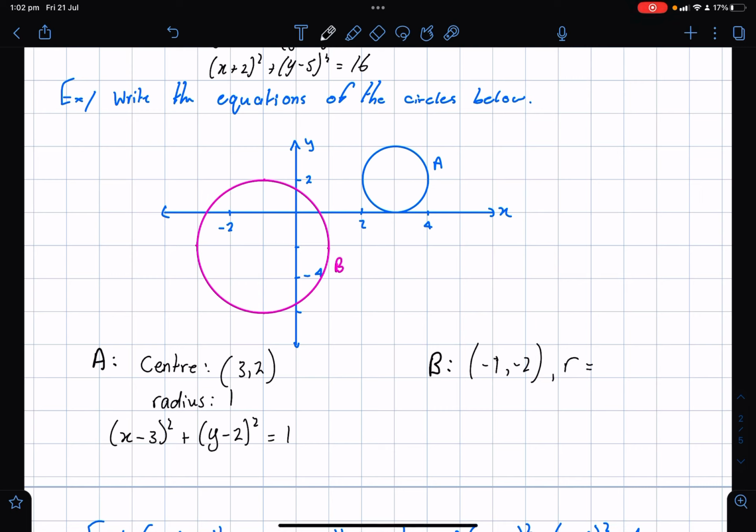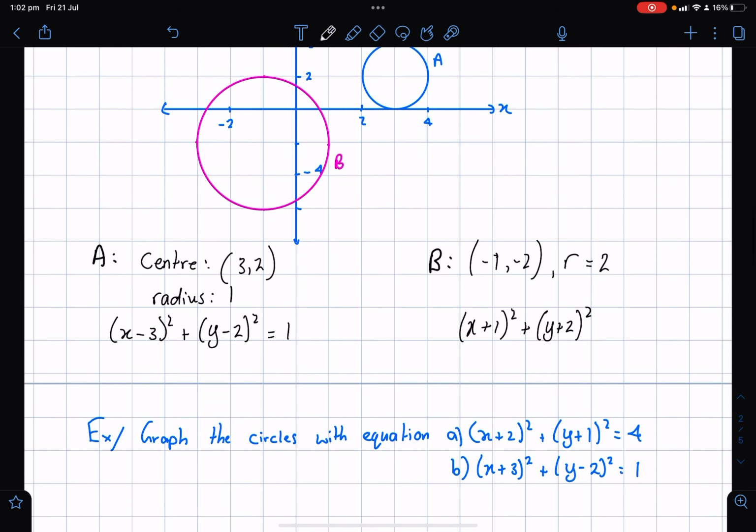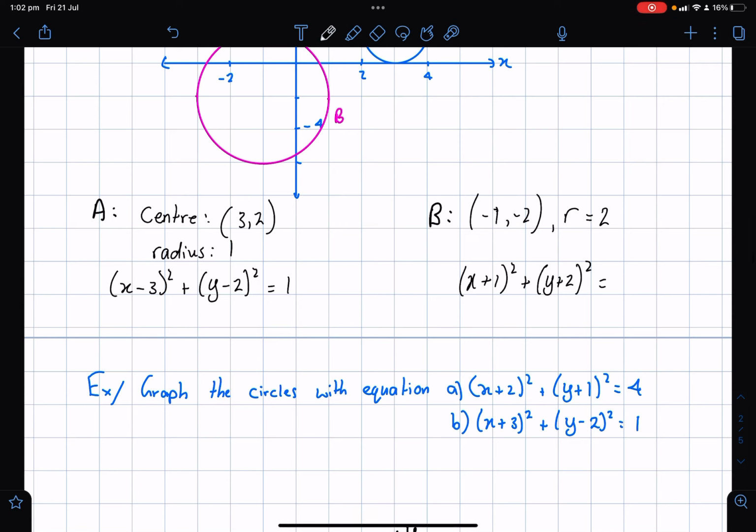Radius I can see is 2 as well. Okay, so I can go (x + 1), because that's a negative, so it has to be a plus. (y + 2) all squared equals 2 squared, which is 4. So they're my two equations there.